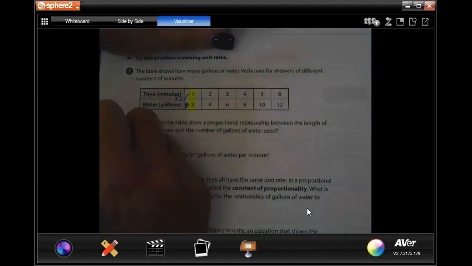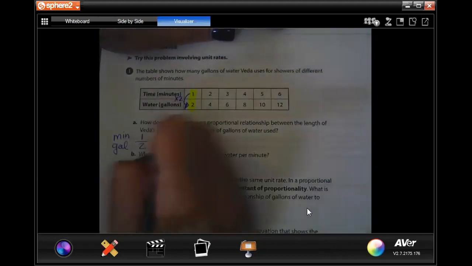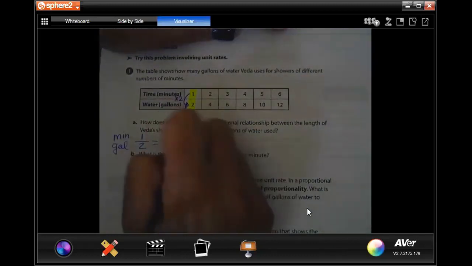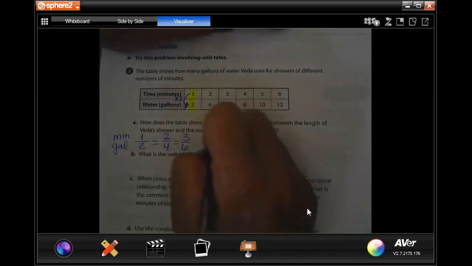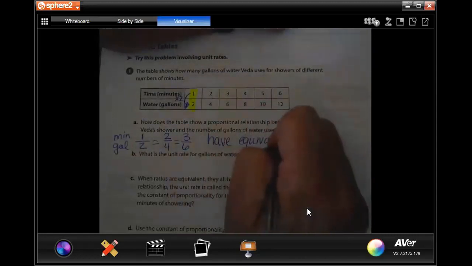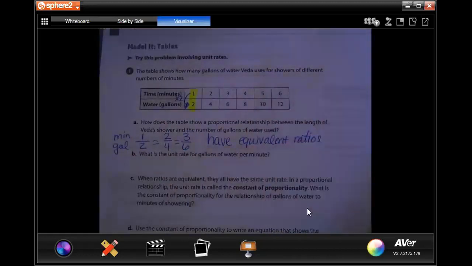This is minutes and this is gallons, 1/2. Guess what? That is equal to 2/4, which is equal to 3/6. So they have equivalent ratios. And because they have equivalent ratios, I know that there is a proportional relationship.